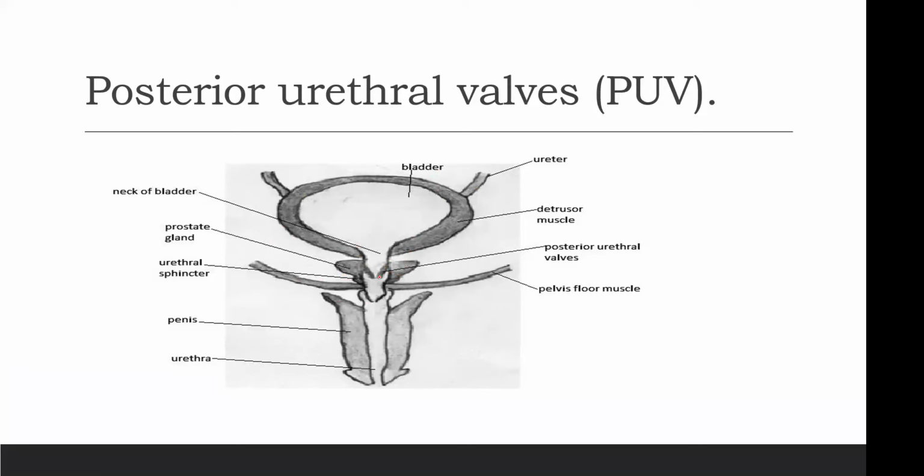It shows the posterior urethral valves on the posterior urethra as thick membranous leaflets that tend to meet in the midline, just above the urethral sphincter.